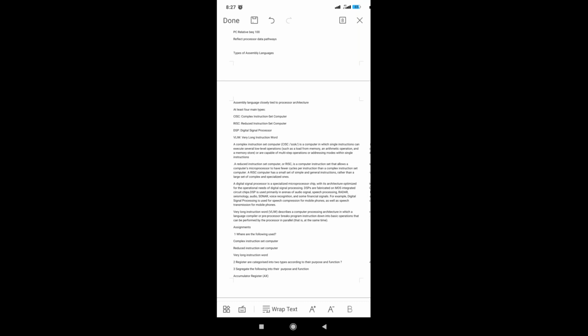So the things being carried out in your complex instruction set computer are a load from the memory, an arithmetic operation, and memory storage. These are all executed in low-level operations. And take note, these are also capable of multi-step operation or addressing modes within a single instruction.